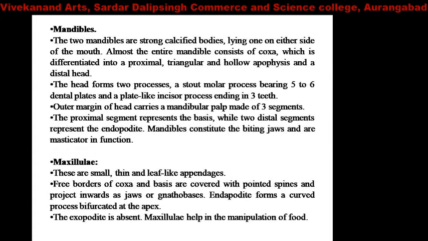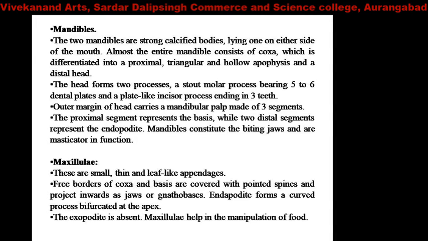Next, the third one is the mandibles. There are two mandibles, strong calcified bodies lying one on either side of the mouth. In the mouth region there are no teeth; mandibles are present. Mandibles are two in number. Almost the entire mandible consists of coxa, which is differentiated into a proximal, triangular and hollow apophysis and a distal head portion.